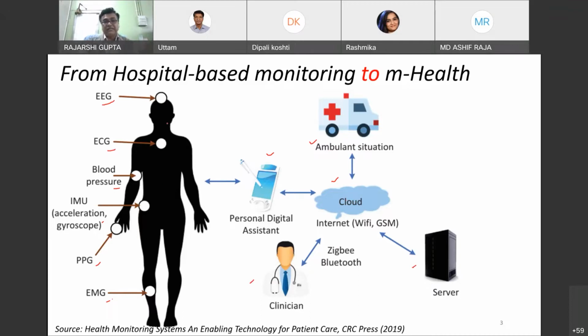So basically, this is a framework where it is now possible to monitor a person when he is in a mobile condition, like when he is walking in his home, when he is sleeping, doing some basic activities, even when he or she is exercising.